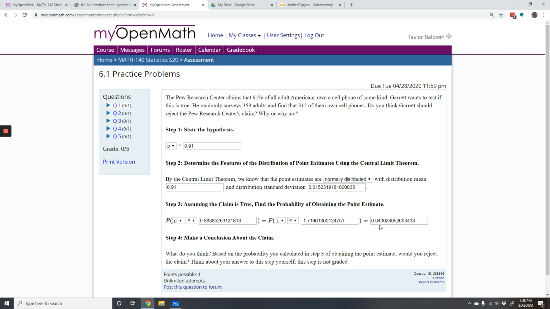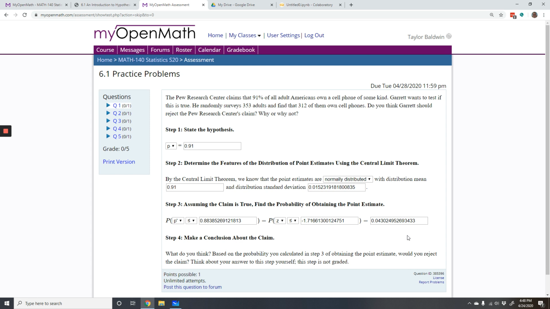This is about a 4% chance that we would get this result. Now that's pretty low. A lot of people would look at that and say, well, either you're really lucky, because that's a fairly unlikely outcome. Okay, and it's not crazy unlikely, but it's fairly unlikely.